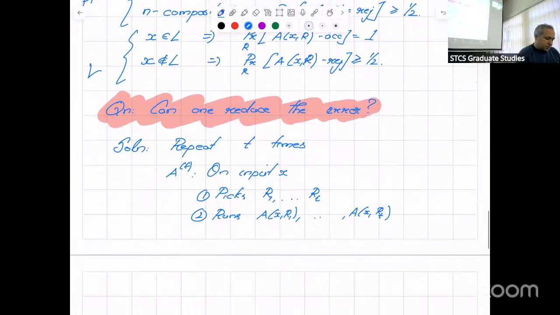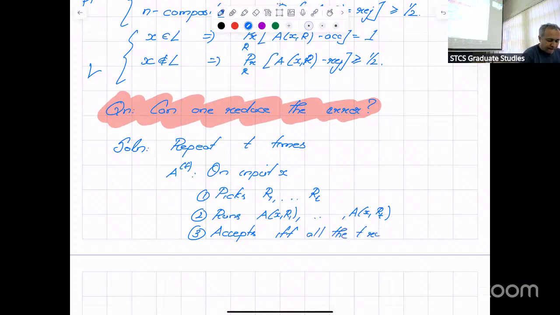So basically, A_t accepts if and only if all the t runs accept.